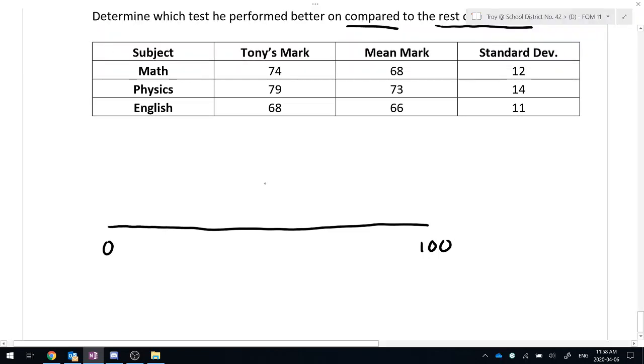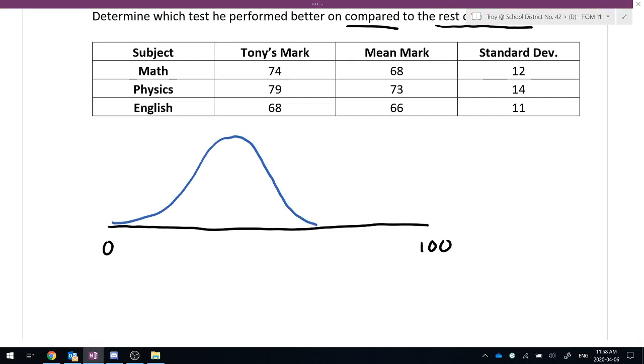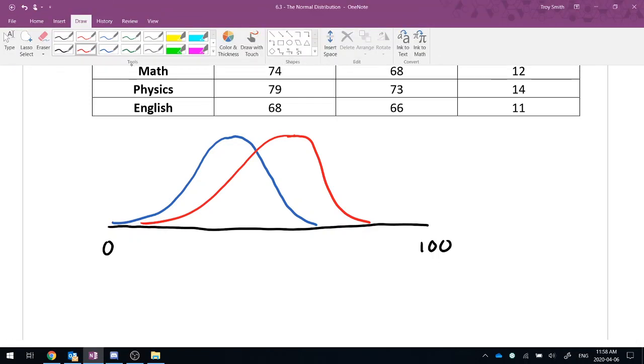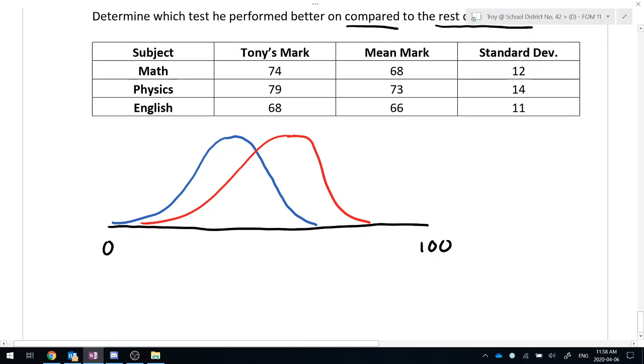His English class could be here, right? His physics class could be here, and his English class could be like here, for example, right?